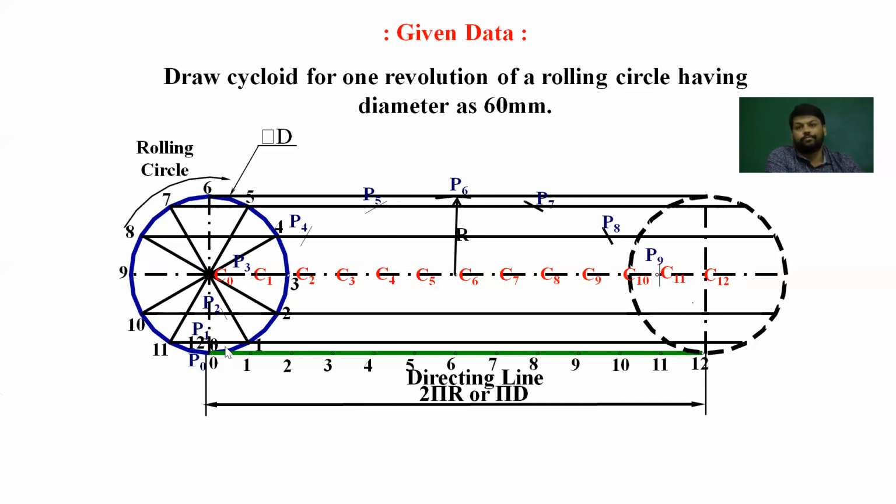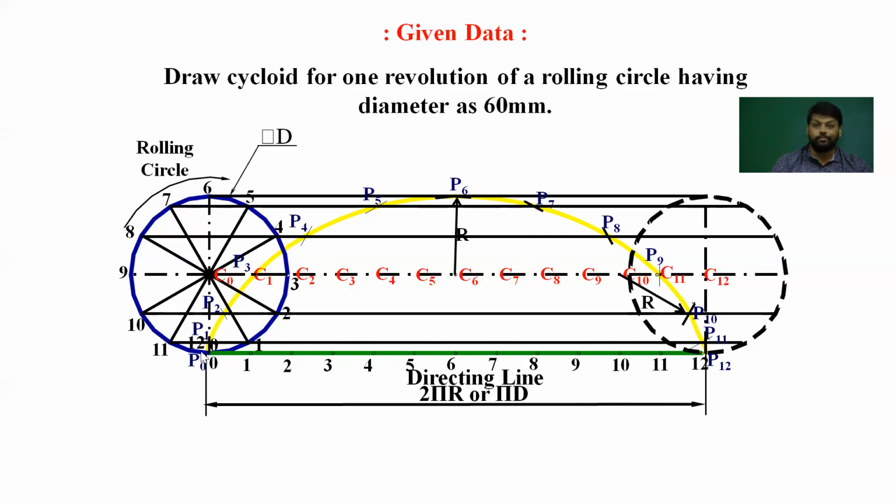So when you connect all these points, this yellow line is called the cycloid. So this is the locus of the point when the circle rolls over the straight line without slipping.